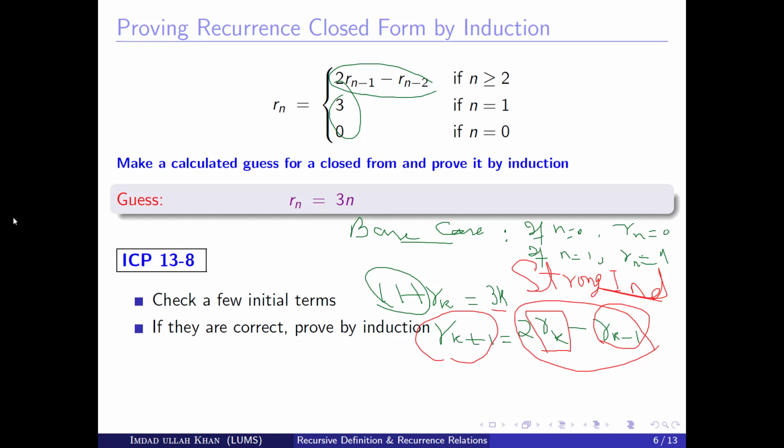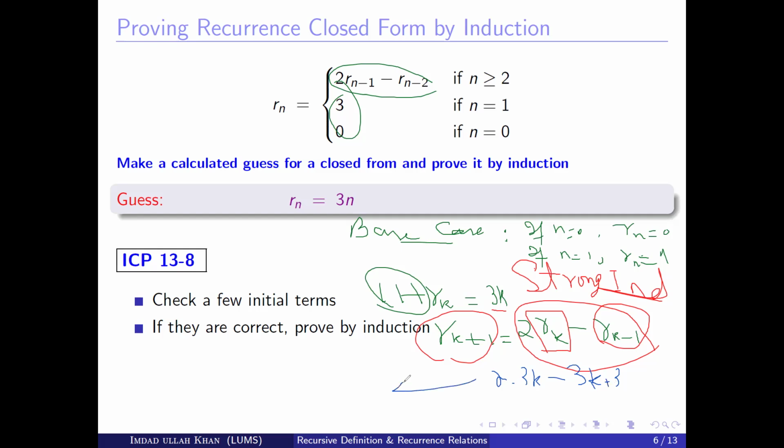So if you go for strong induction, you should be able to land onto this: 2 times 3k minus 3 times k minus 3. So this minus will become plus.